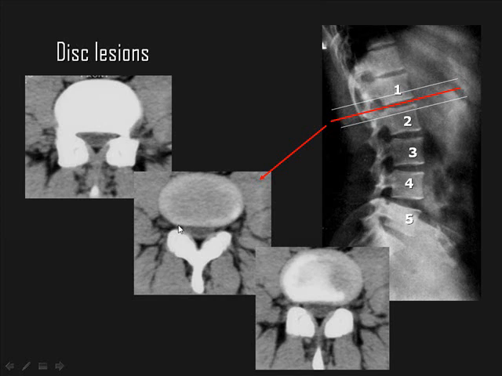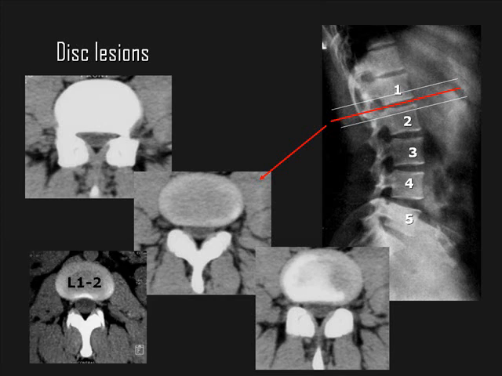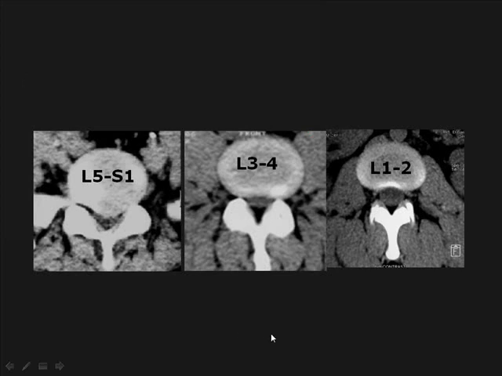And we'll see in the second part of this talk what we mean by abnormal disc. Then if you look to this disc, you can see the posterior border of the disc which is concave, and this is a normal disc. But the posterior border of the disc here is not concave, and this is a pathologic disc.